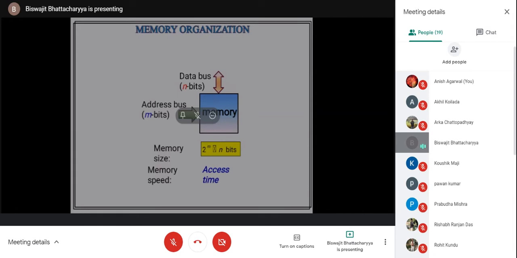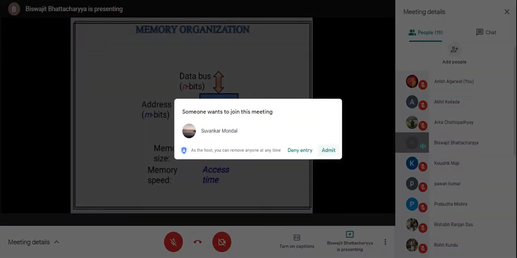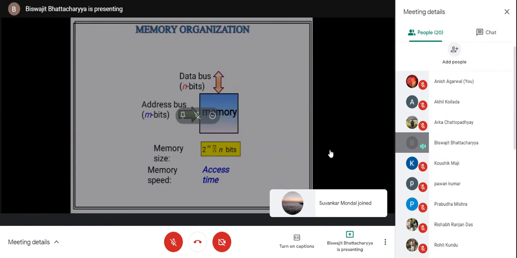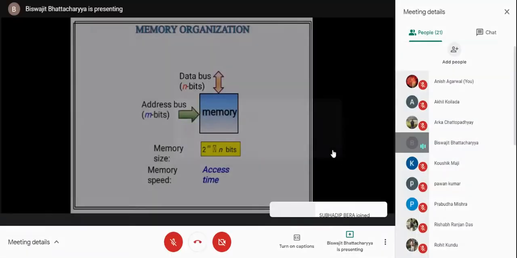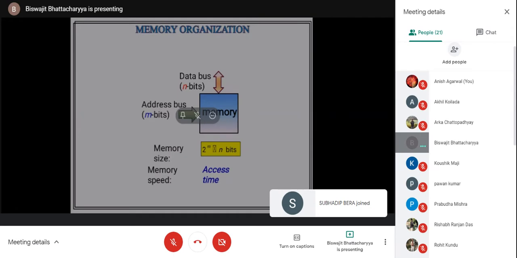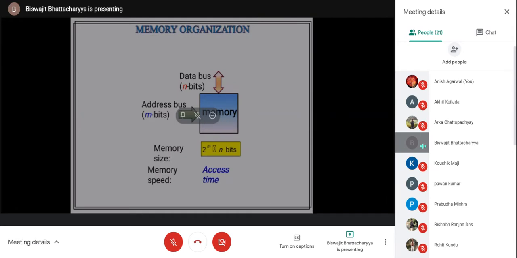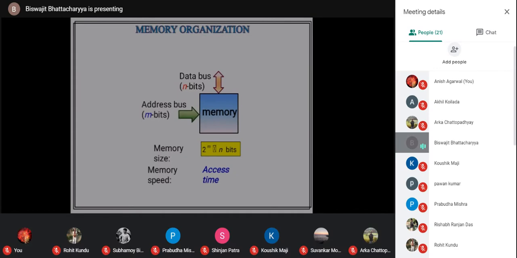So the basic length of data is 8 bits. A 16-bit microcontroller means the basic length of the data bus is 16 bits. So the size of the memory is the number of memory locations available times the number of data bits in each location. In general the size is 2 to the power m times n. That much of bits are possible.